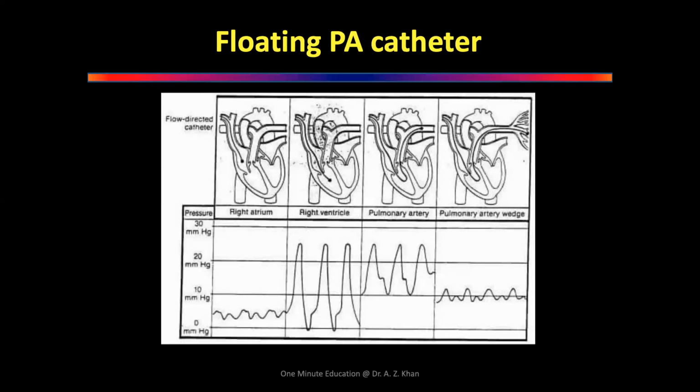So after you have made the change, you wait, not 1 or 2 hours, but at least half an hour, 20 to 25 minutes for your change to take effect. And then you measure the pulmonary artery wedge pressure again. And then once you measure it again, you will know that your myocardium is starting to improve.